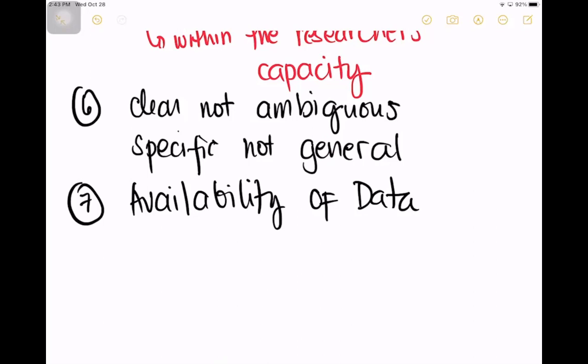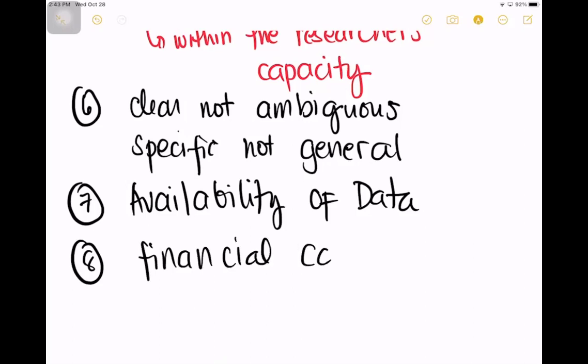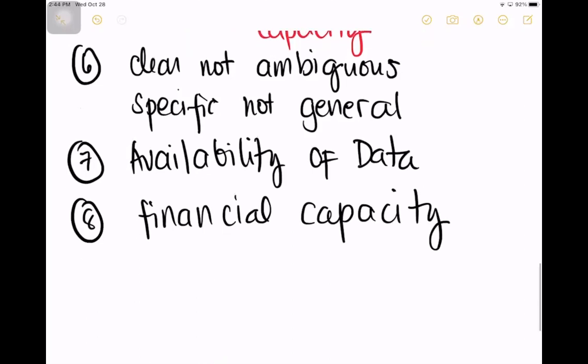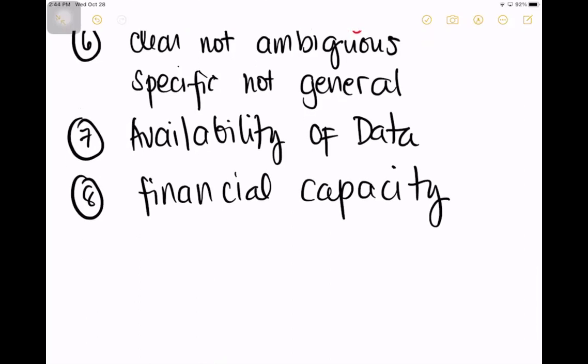Okay, and of course we have here your financial capacity. Class, remember that doing research is an expensive endeavor. That's one reason why people do not really engage in research, because it entails spending money to complete it. So you have to consider that as well.